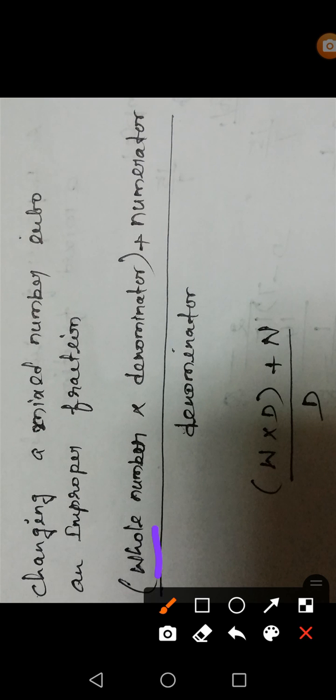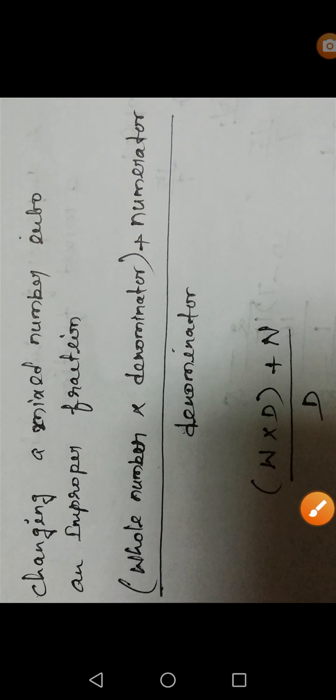Short form: whole number is W, so first take the denominator, first letter D. So whole number into denominator product, then we add the numerator, first letter capital N, divided by the division bar, D. D means denominator. That is the short form. Once again, W into D plus N divided by D. That is called the mixed fraction structure.